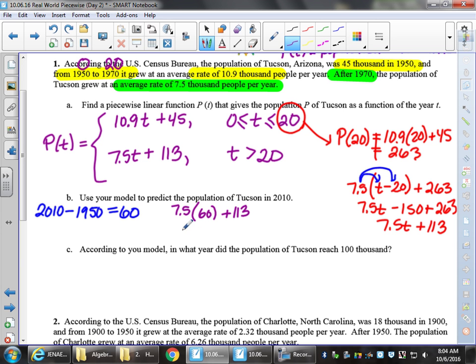I have one vote for 563. Are we saying 563 people? 563,000. You can either write the word 1,000 or put 3 zeros, whatever makes you happy.